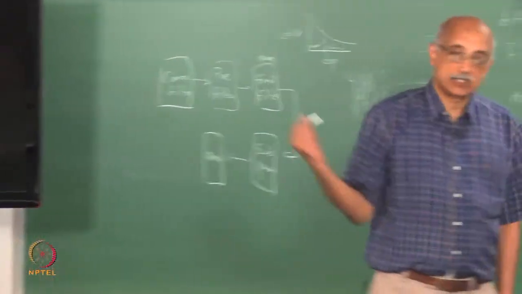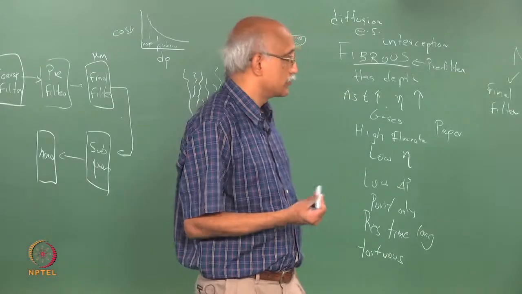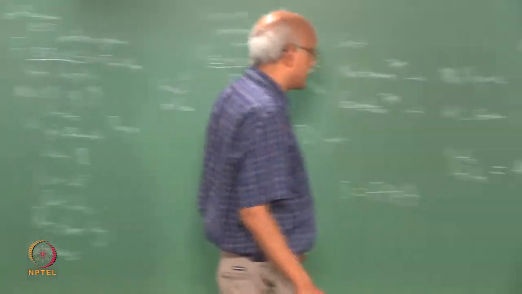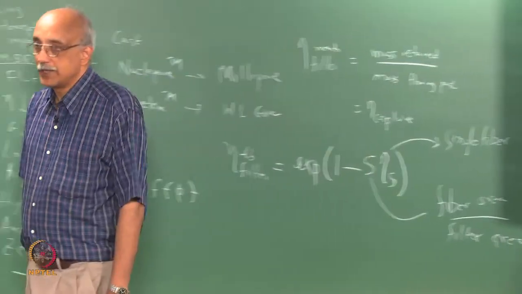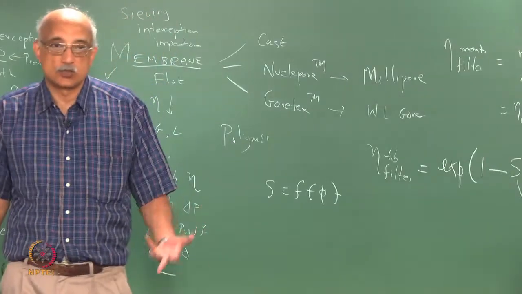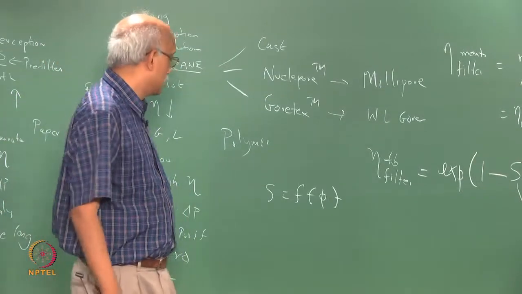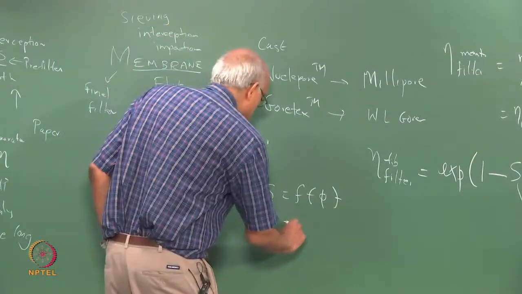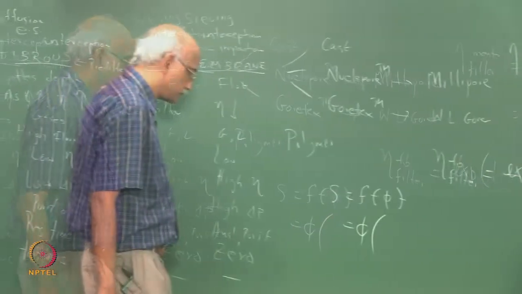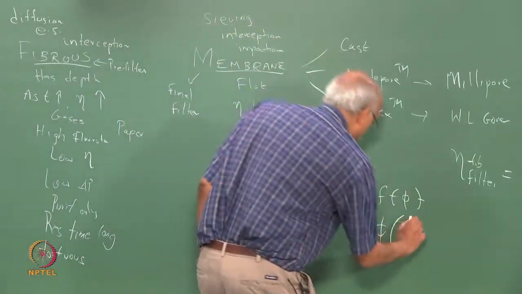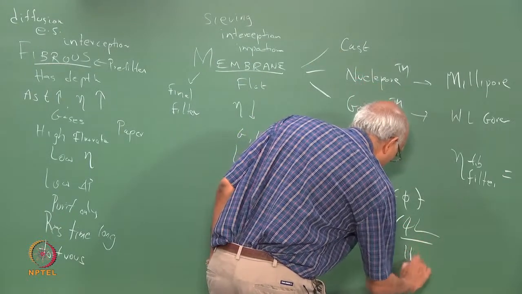The higher the volume fraction, the higher the value of S. So, if you look at this expression, if S is 1, eta S is also 1, then the overall filter efficiency is also 1.